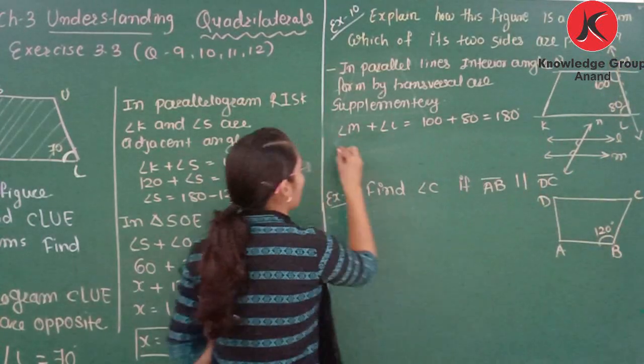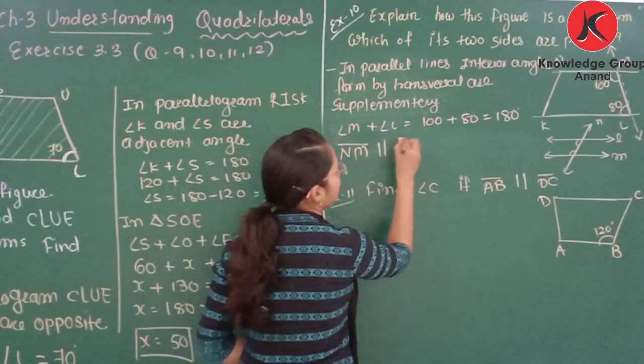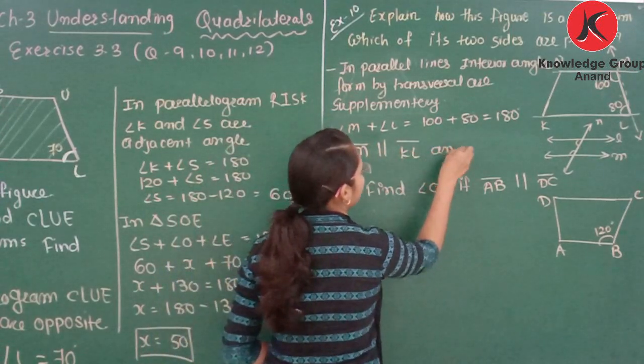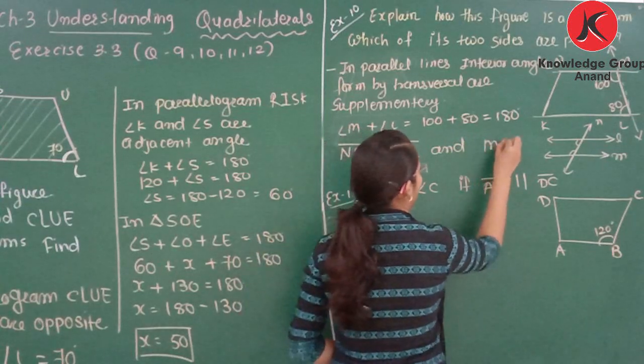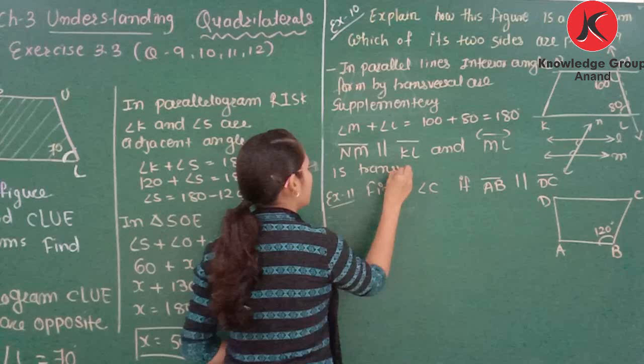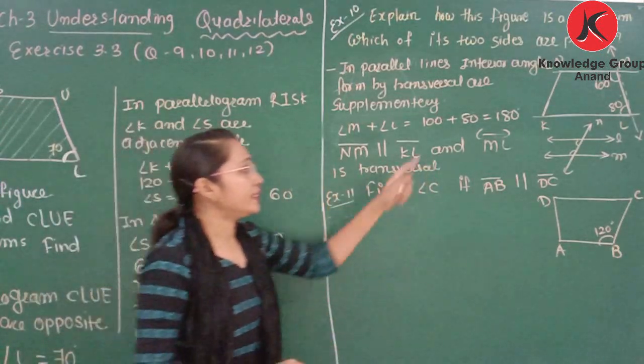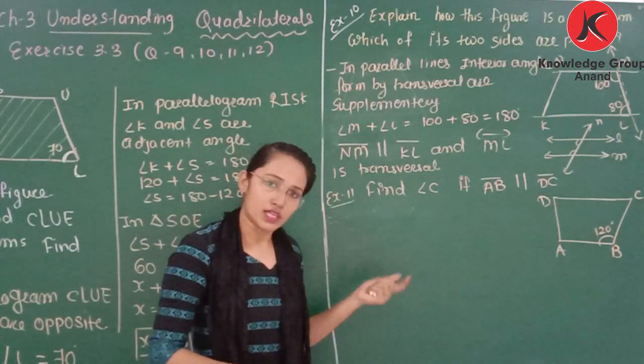Clear? So MN is parallel to KL and ML is a transversal. If MN and KL are parallel, then it is a trapezium.